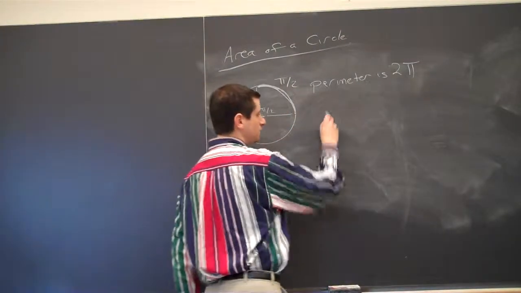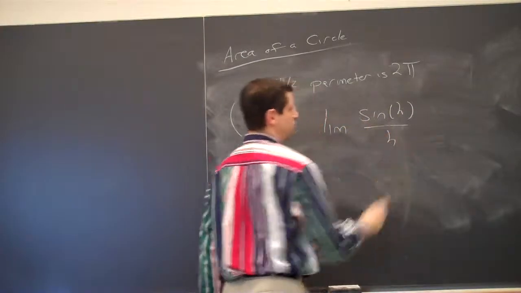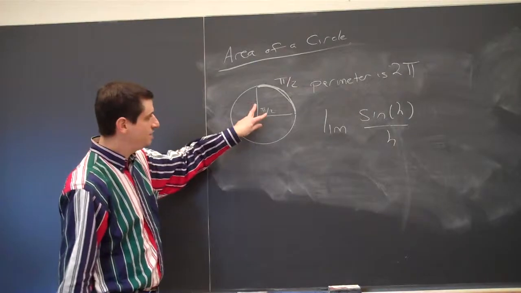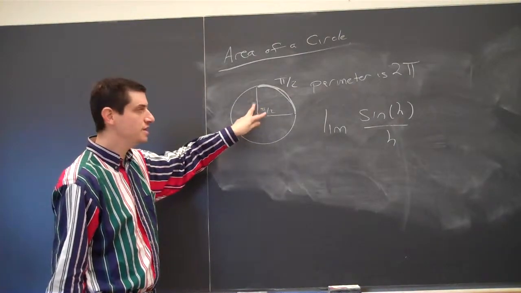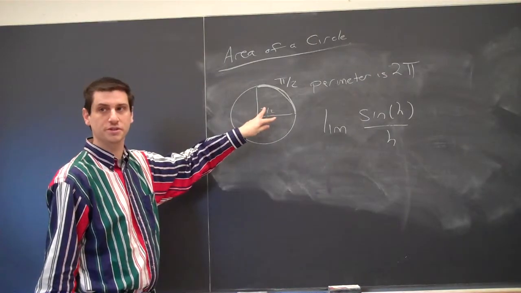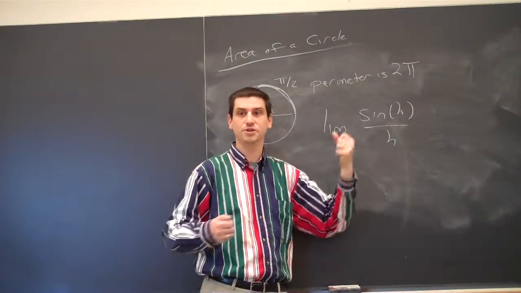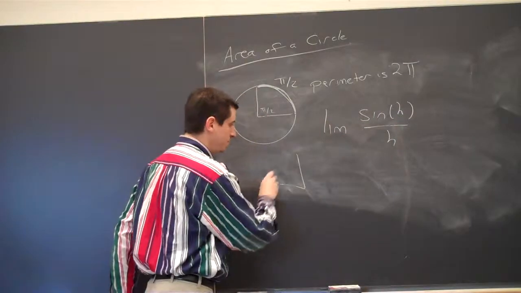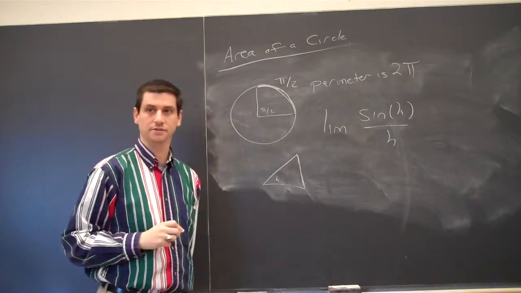When you're looking at the limit of sine of h over h, if I have this angle here, I'm changing the number if I'm measuring it in degrees or radians, but I'm not changing the physical value of sine. The physical value of sine is referring to something in space. You give me a physical angle like this, h, that's sine.